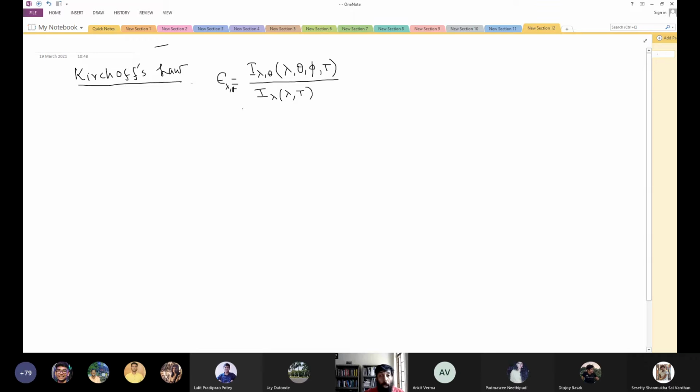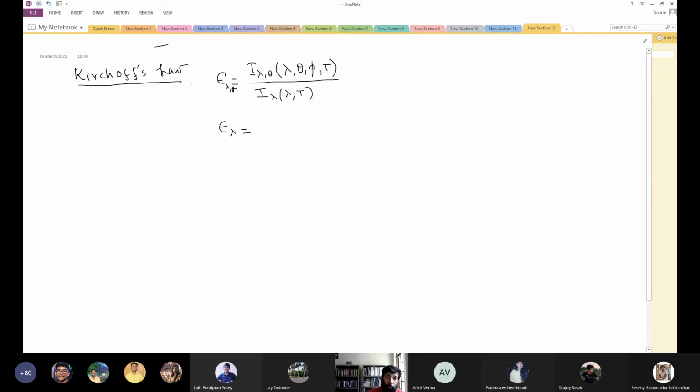And if we integrate this over the entire hemisphere, we get this emissivity, which is spectral but no longer directional.